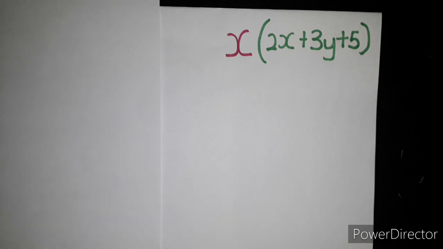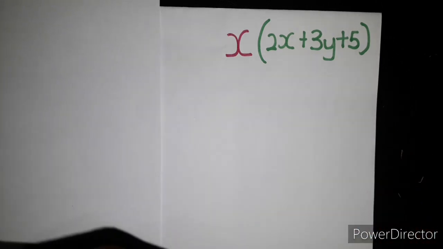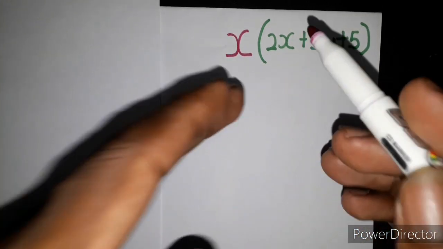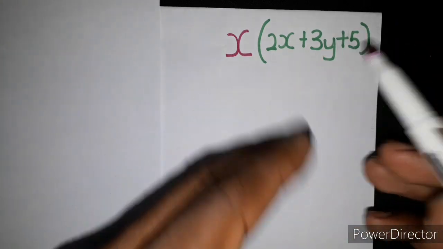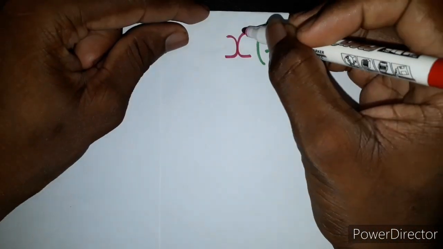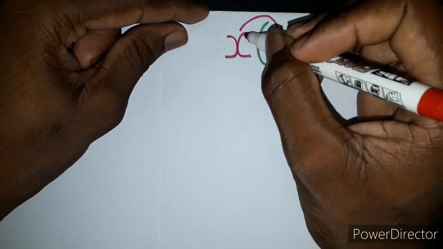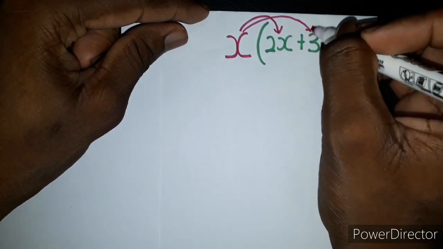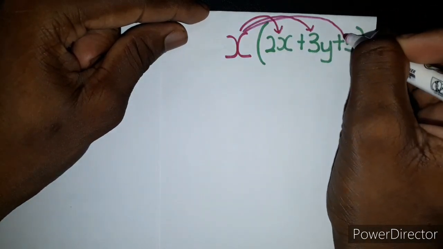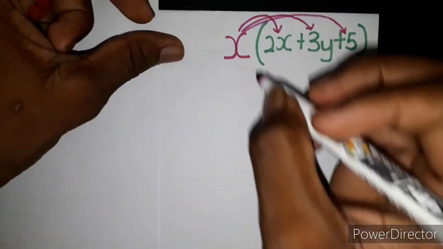Let's look at this second example quickly. The instruction is to simplify using the distributive law. Once again, the term outside of the bracket has to be distributed to each term inside the bracket. So this x has to be distributed to this, and this, and this. Each term, alright?